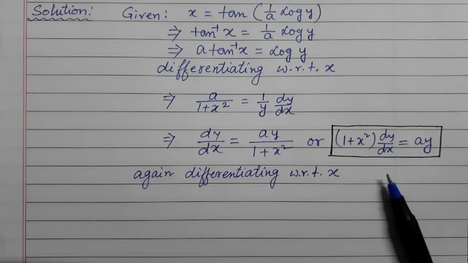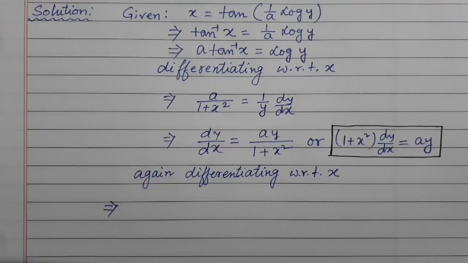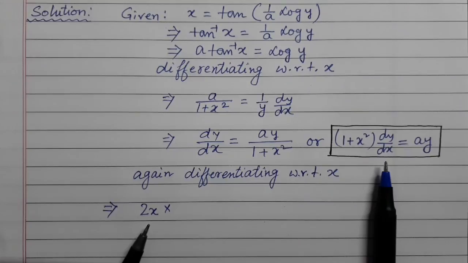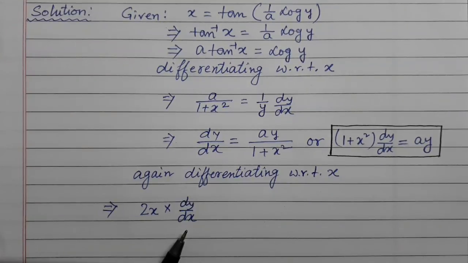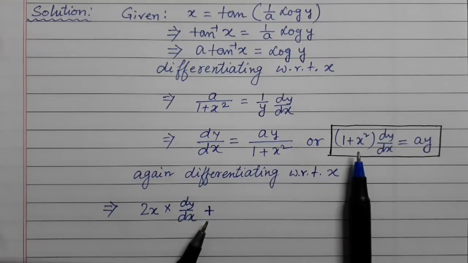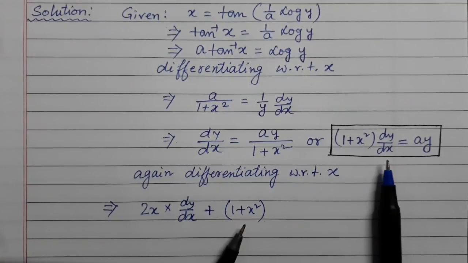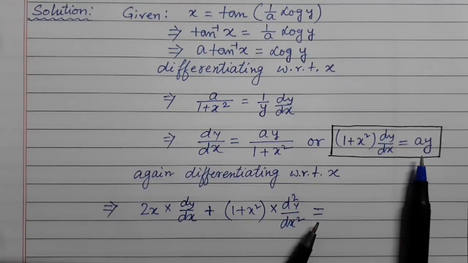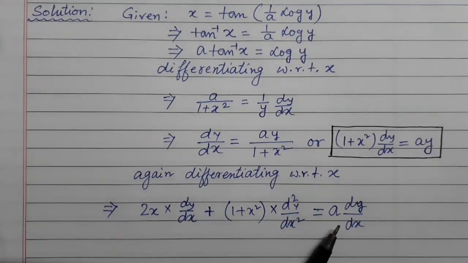Now we will again differentiate this relation with respect to x. For that I am going to use the product rule on the left hand side, which is the differentiation of the first function into the second function plus the first function into the differentiation of the second function, equals the differentiation of ay.